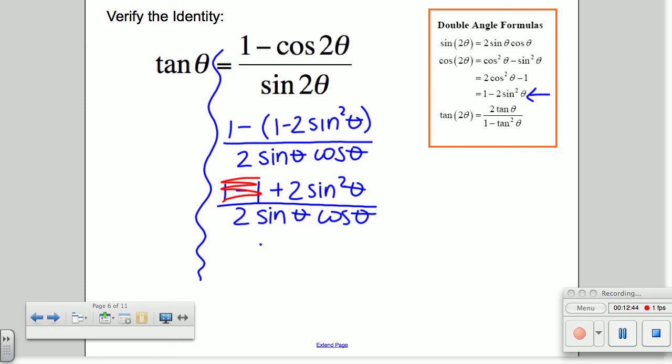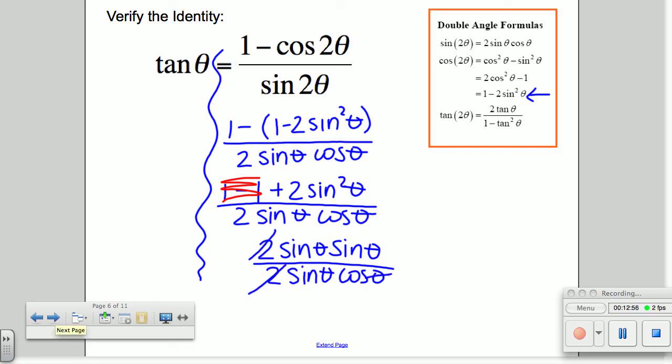And let's write that as 2 sine theta times sine theta for a minute. All over 2 sine theta cosine theta. The 2's are going to cancel, and so are one of the sines. I'm left with sine over cosine, which equals tangent.